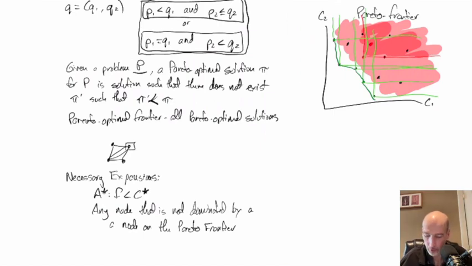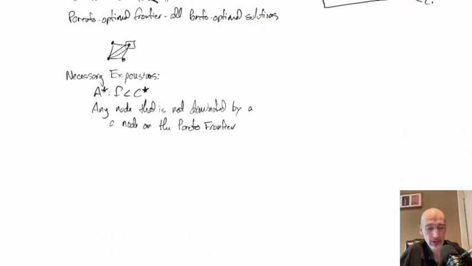Okay, so what we're going to think about is running bi-objective Dijkstra search in a naive way, and we're not necessarily going to write down full pseudocode for this.